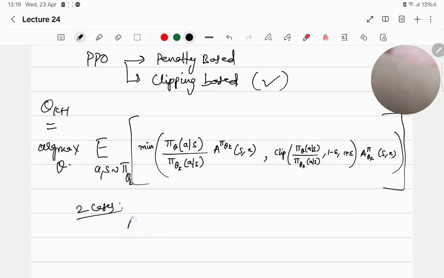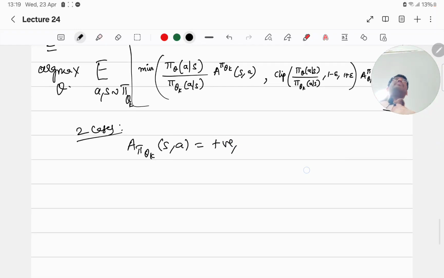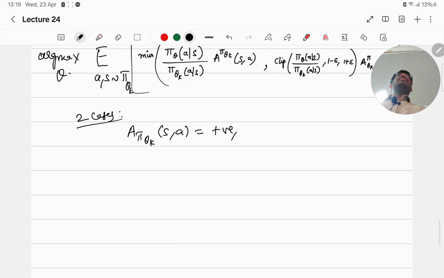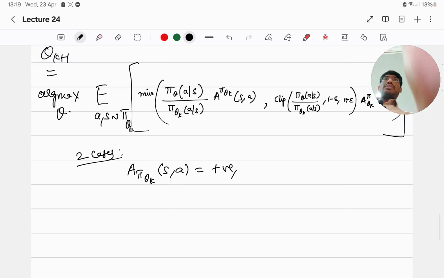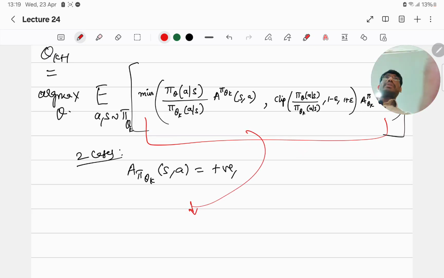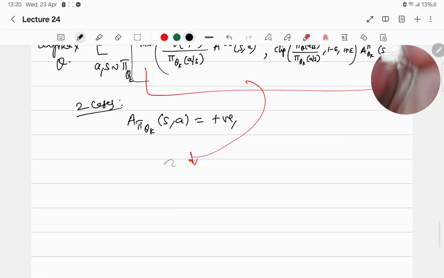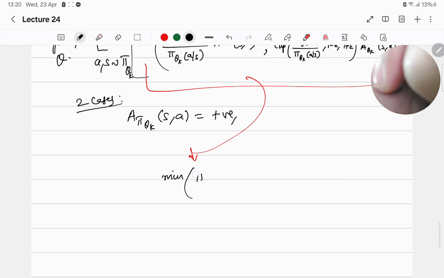Like if A pi theta k of s comma a is positive, then this whole thing becomes min of... it is equivalent to maximizing this objective.